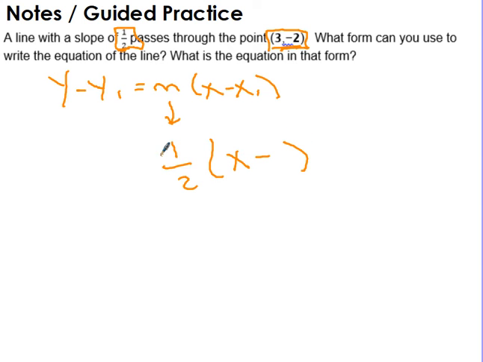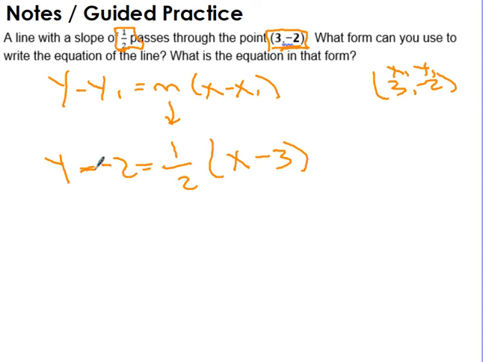That's still x minus, and this is equal to y minus whatever the y1 is. My actual point that I'm given is 3, -2. So I'm going to take this ordered pair of 3, -2 and plug that in for my x1 and my y1. My y1 is -2, my x1 is +3.